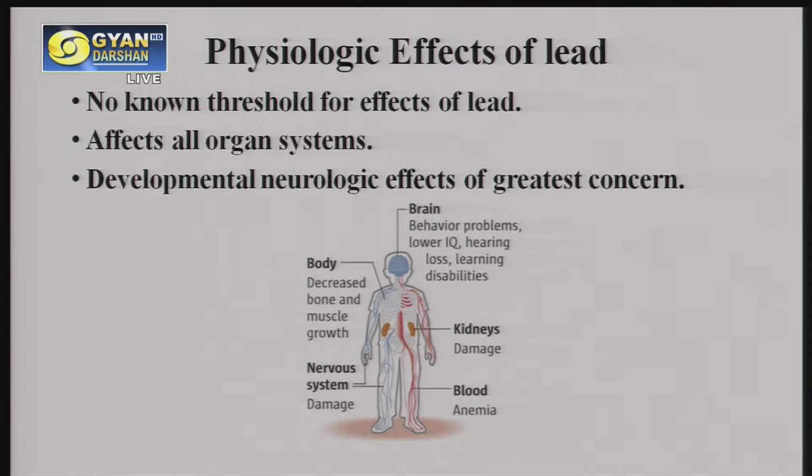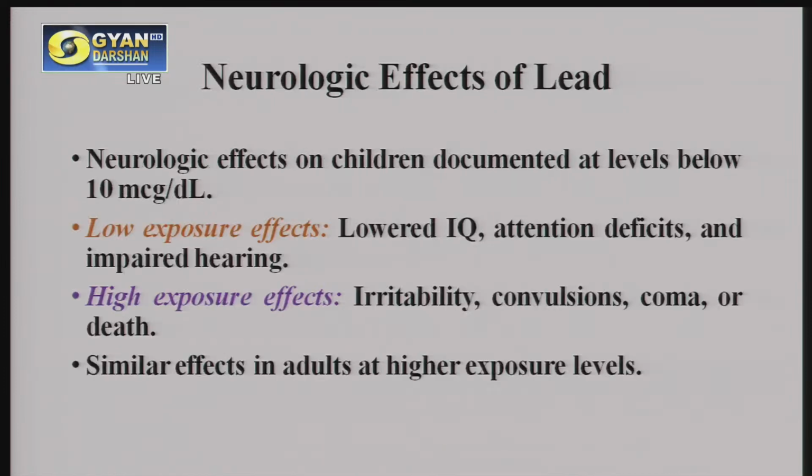The developmental delays seen in children are some of the major concerns, and this is why it was flagged as a major health risk in children. So, neurological effects of lead. On low exposure, there are attention deficits and impaired hearing, commonly seen in children who are exposed to lead.